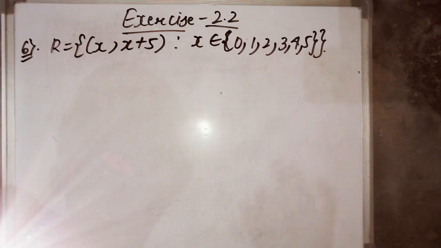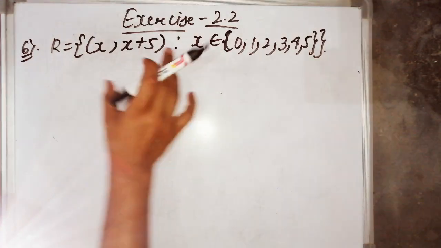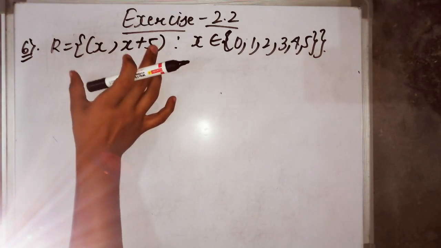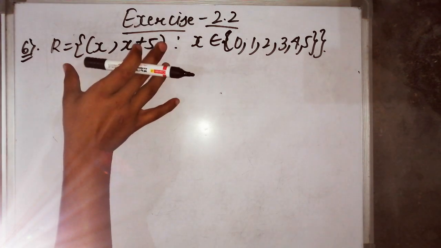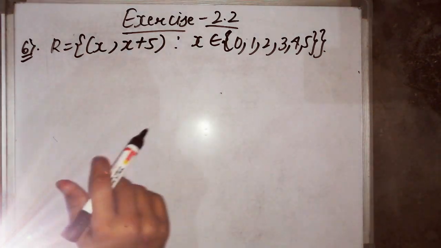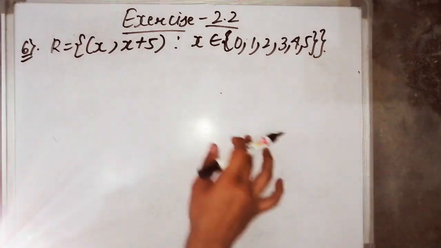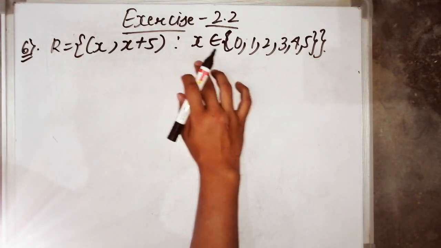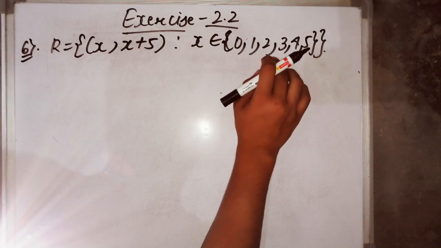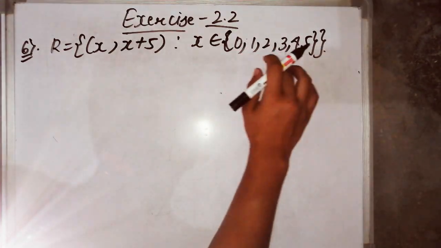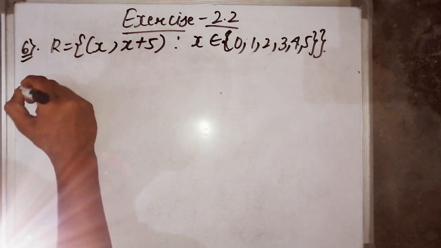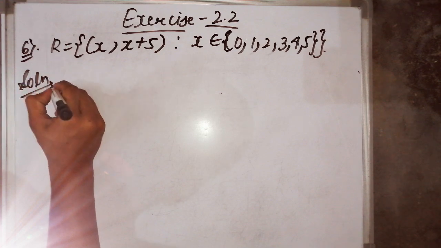Okay students, note that it is not given to us that we need to define a relationship from R to R or A to A set. What is given to us is this set, and x belongs to this set: 0 1 2 3 4 5. Let's write down the solution in roster form.